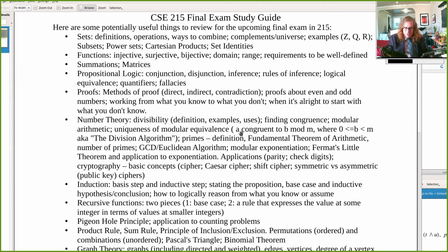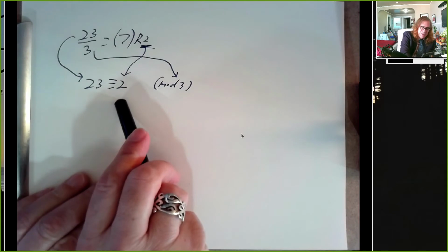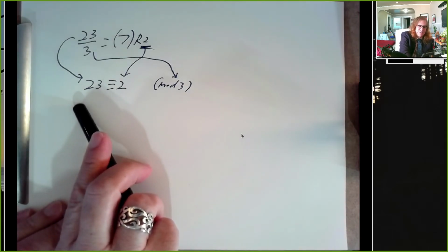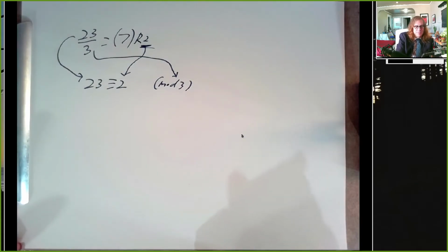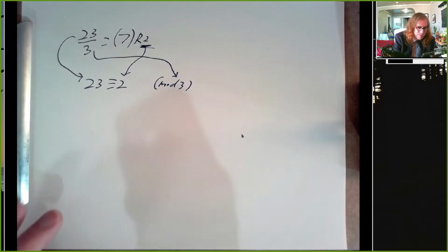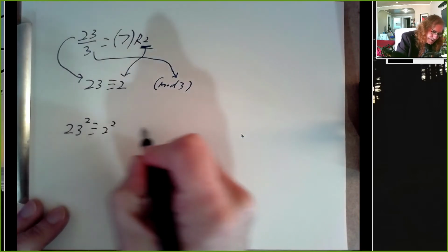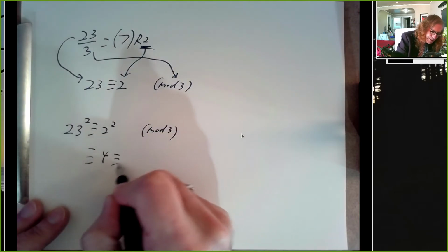So modular arithmetic. The nice thing about working with remainders is we can do arithmetic on remainders, or we can do arithmetic on big, long, complex numbers, and then take remainders at the end. It's the same thing. 23 is congruent to 2 modulo 3. I'm guaranteed that 23 squared is congruent to 2 squared modulo 3. 2 squared is 4, which is congruent to 1.